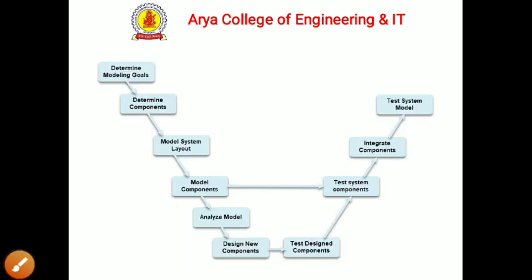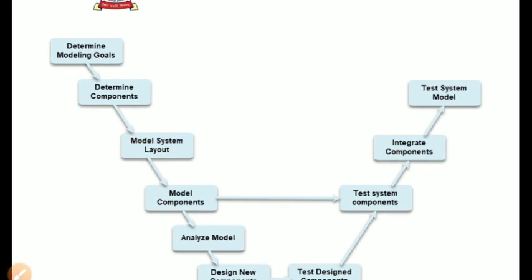Now move to the next. We have some steps in system modeling. The first one is determining the modeling goals. What are the goals?